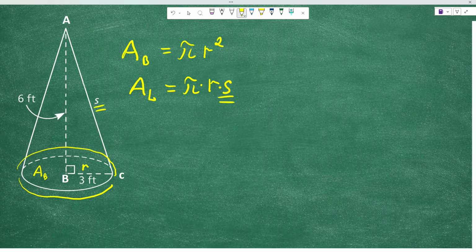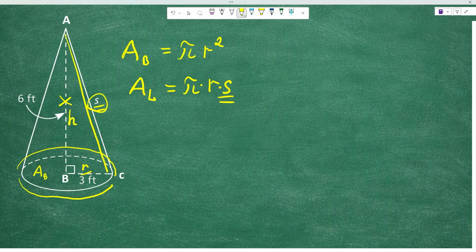That is the length of the escalator ramp that runs up the outside of the cone, segment AC. It is not the vertical elevator shaft that runs straight through the middle, segment AB. To calculate the surface area, the wrapping paper, we must know the radius r and the slant height s. The formula does not care about the interior vertical height h.